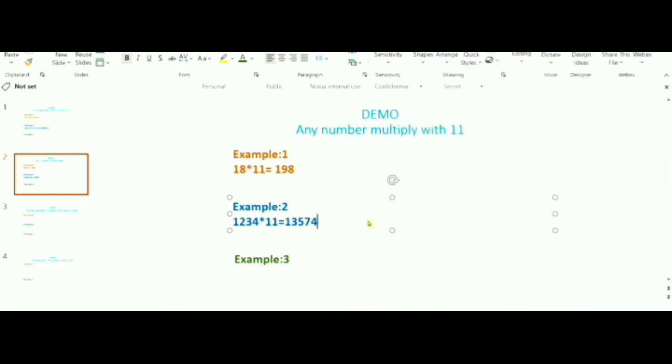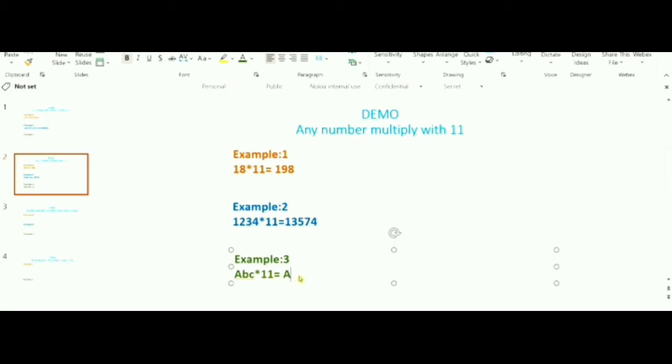Yes. So if you want to remember the formula, suppose a b c into 11. The output will be a, the first digit. Here I am just trying to find a formula, so I am using the letters a b c.